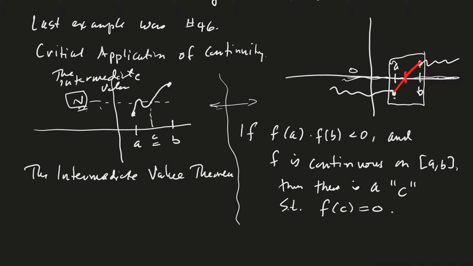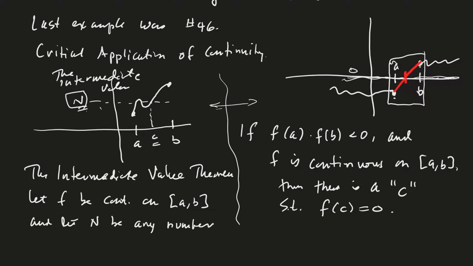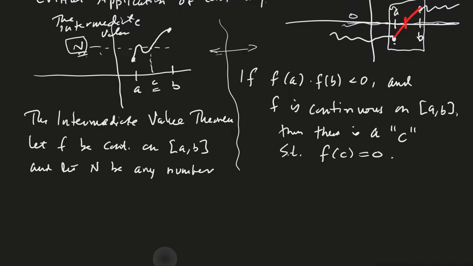Okay, so let f be continuous on the interval from a to b, and let n be any number between f of a and f of b.